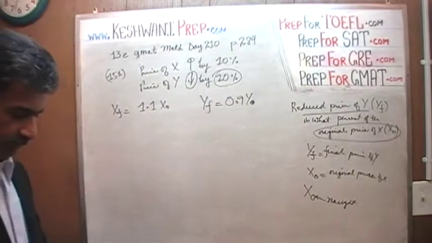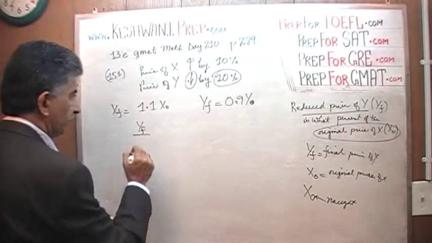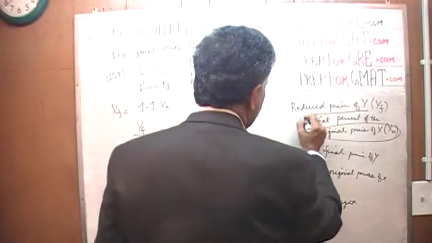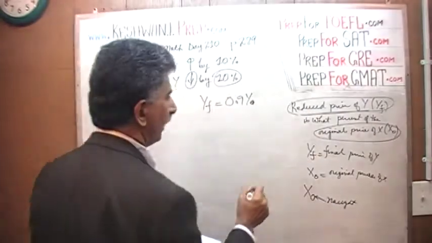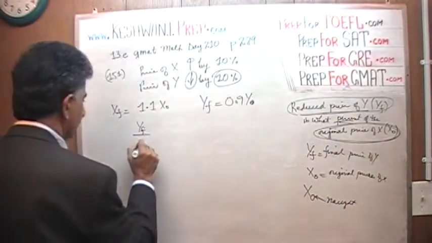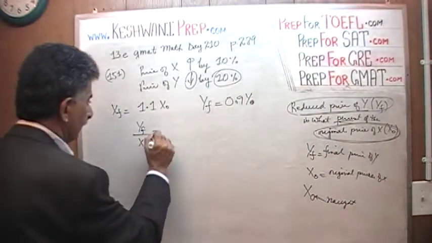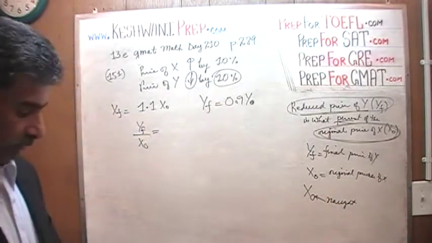The ratio we're looking for is this: the final price of Y is what percentage of the original price of X, which is X naught. If somehow we can figure out this ratio, that's what we need.